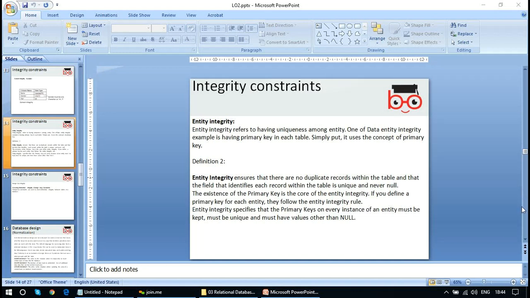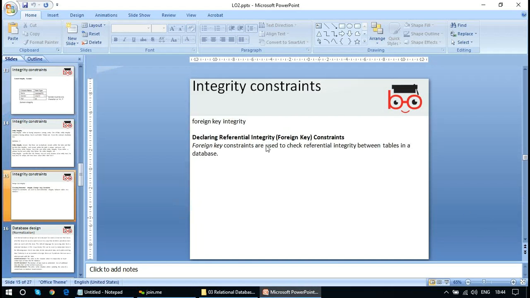Let us go a little bit quicker. Foreign key integrity means declaring referential integrity or a foreign key constraint. Foreign key constraints are used to check referential integrity between tables in a database.